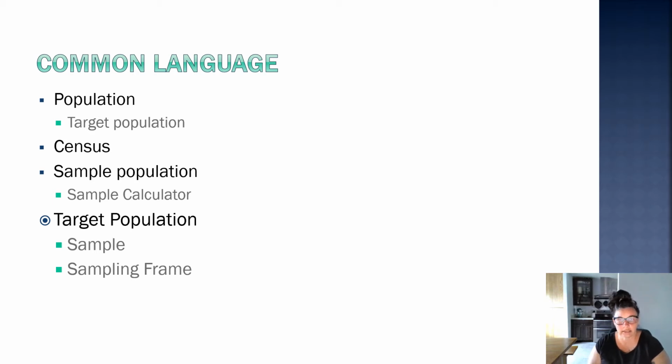A census is the number. So sometimes we have a census and sometimes we don't. So if my target population is everybody who attends public school in Orange County, I could probably gather a fairly decent census by looking that information up online.